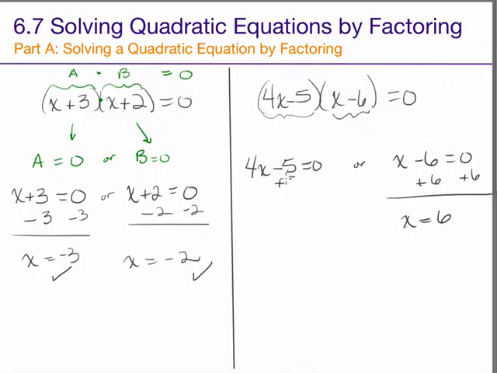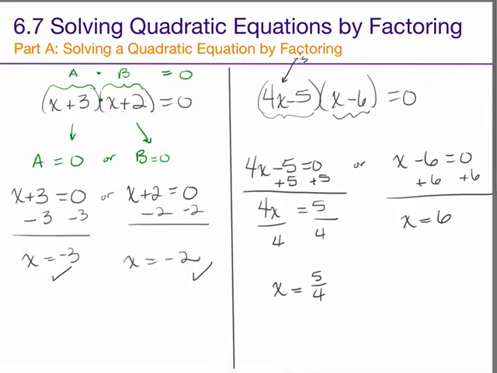Solving this one's a little bit more involved, only because there are two steps. My other solution is 5 over 4. Harder to check, but not impossible.